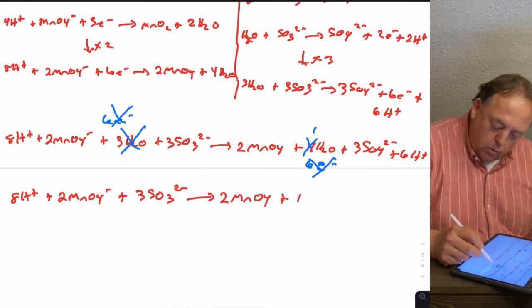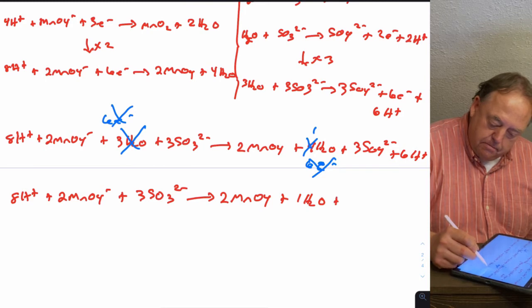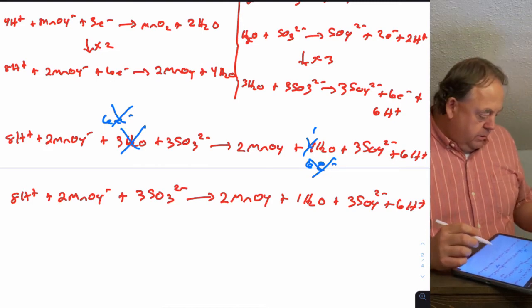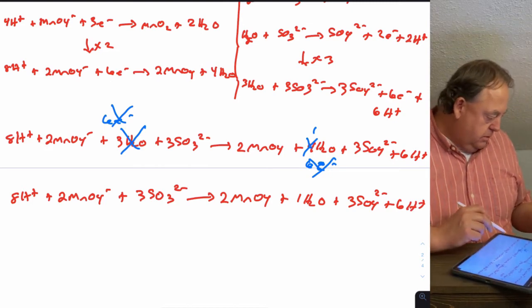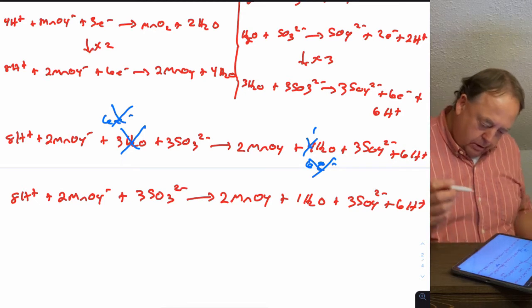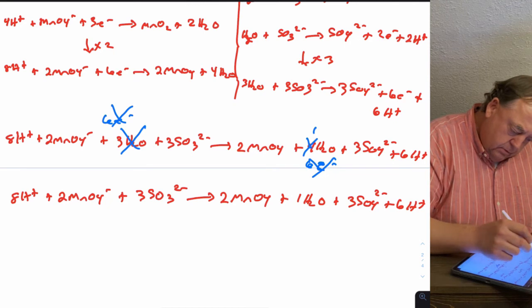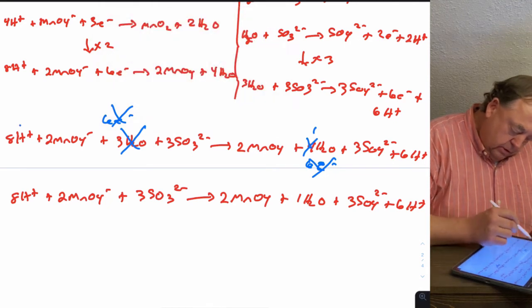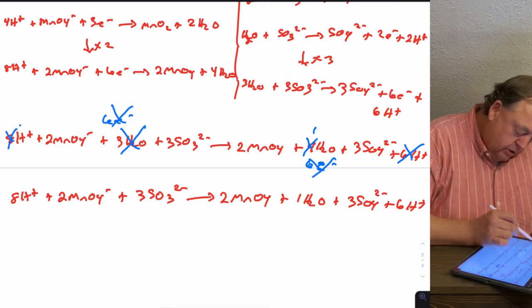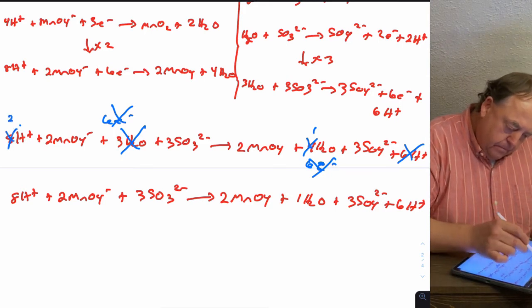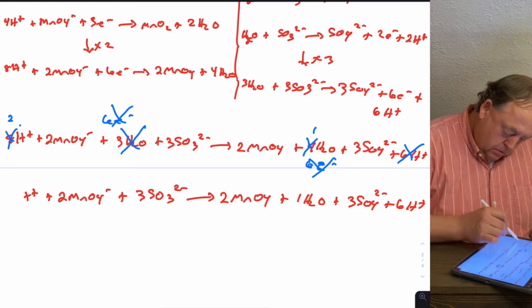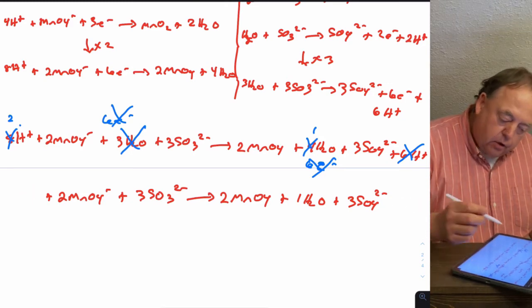So now there's only one water molecule left on the right. Okay, so that should be, nope, sorry, we gotta cancel H pluses as well. So 6 H pluses on the right cancels out 6 of these, so there's gonna be 2 left. And these on the right are gone.